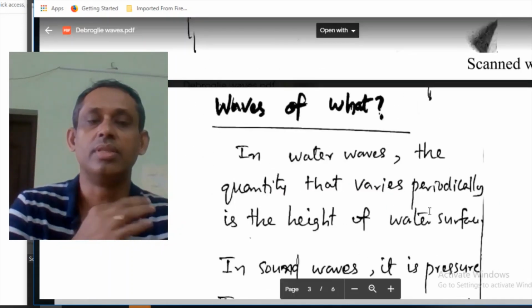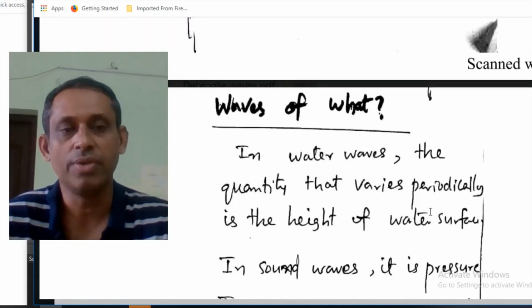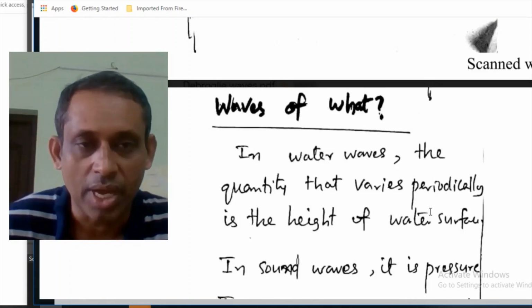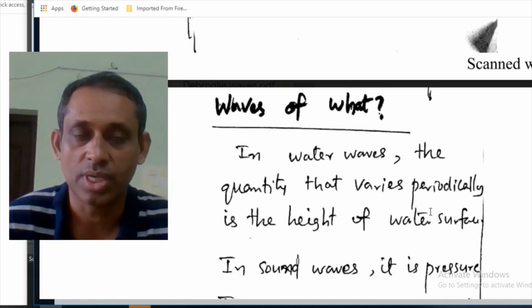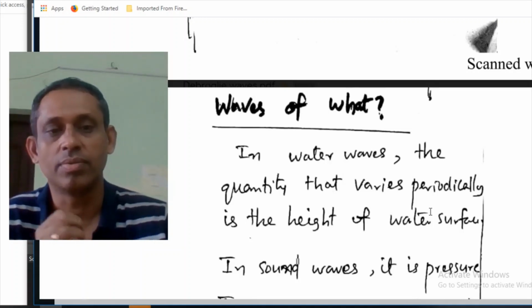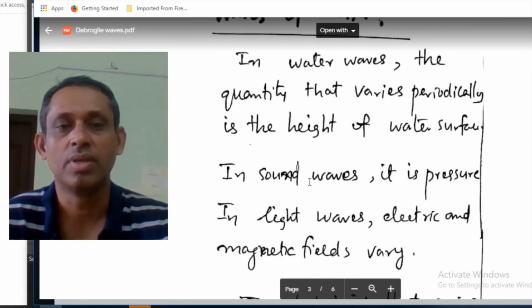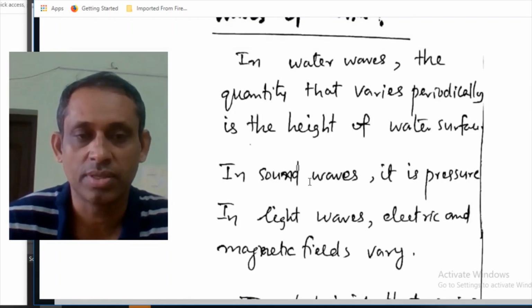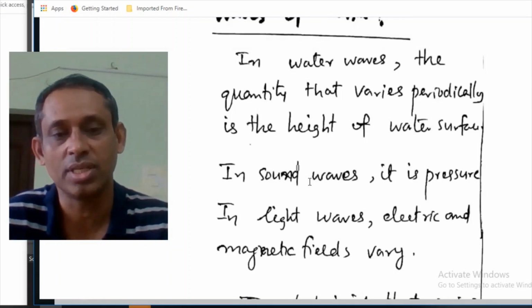Now, an interesting question: waves of what? We have been seeing a particle as having a wave associated with it, so waves of what? Why this question? In water waves, the quantity that varies periodically is the height of the water surface. In sound waves, it is the pressure that varies.